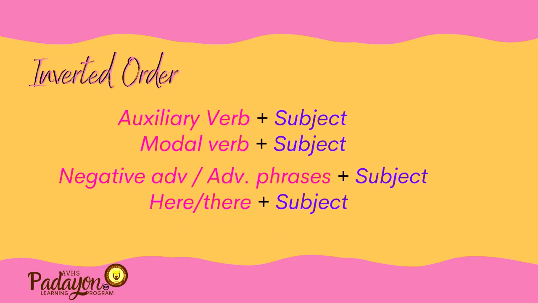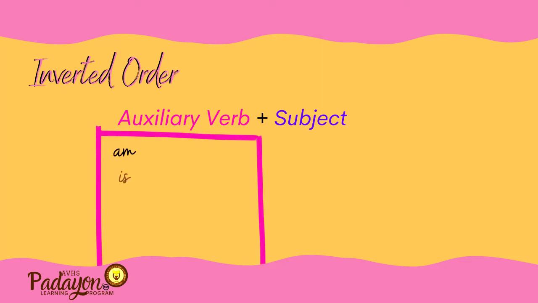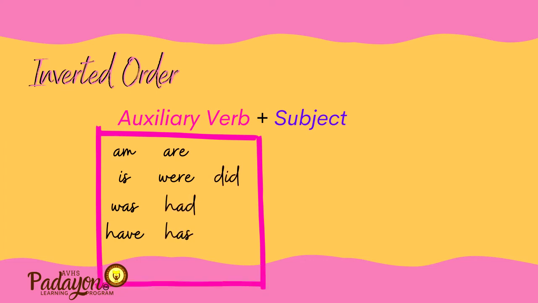Here are the following formats when it comes to inversion. The first one: auxiliary verb plus subject. Here are some examples of auxiliary verbs: am, is, was, have, are, were, had, has, did, do, and does.